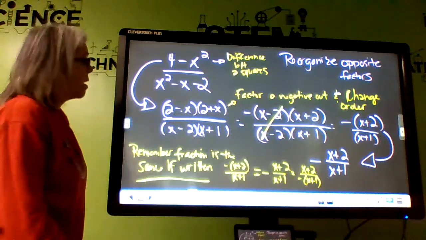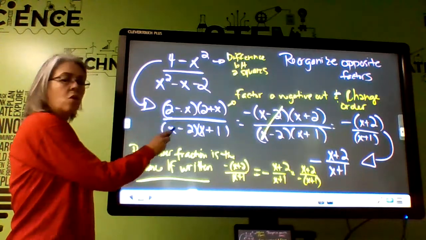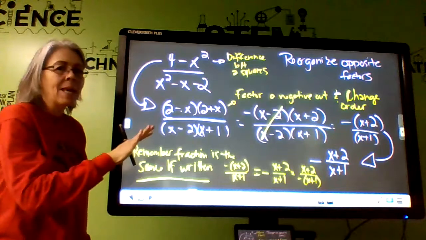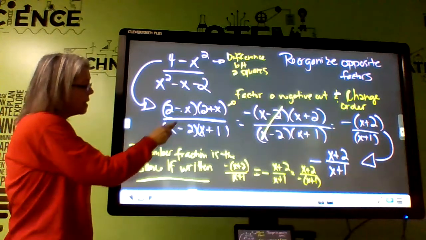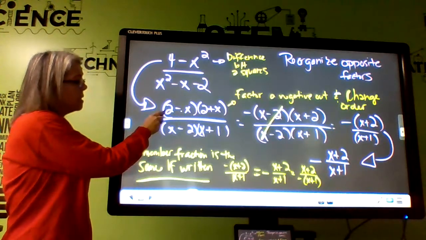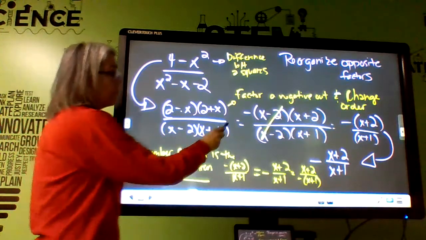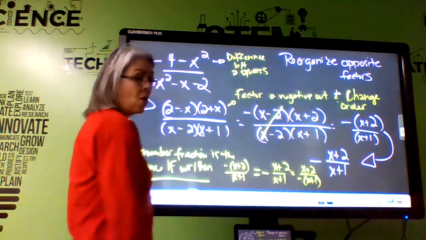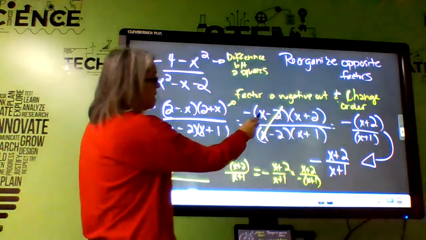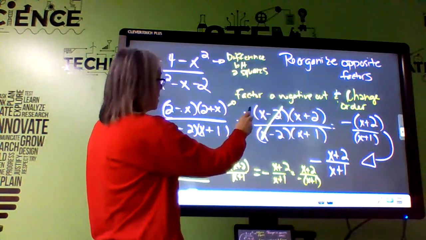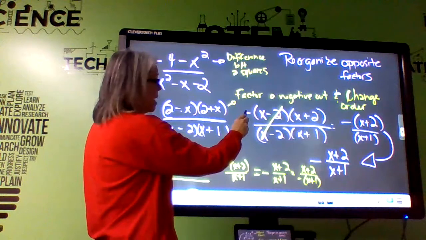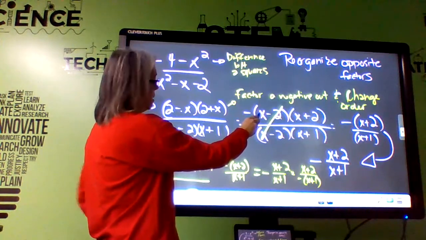Now again, these look so close, right? But we can't cancel them because this is a negative x, this is a positive x, this is a positive 2, and this is a negative 2. However, if we pull that negative sign out right here and say this is now x minus 2, because if I distributed that, it would be a negative x, right?